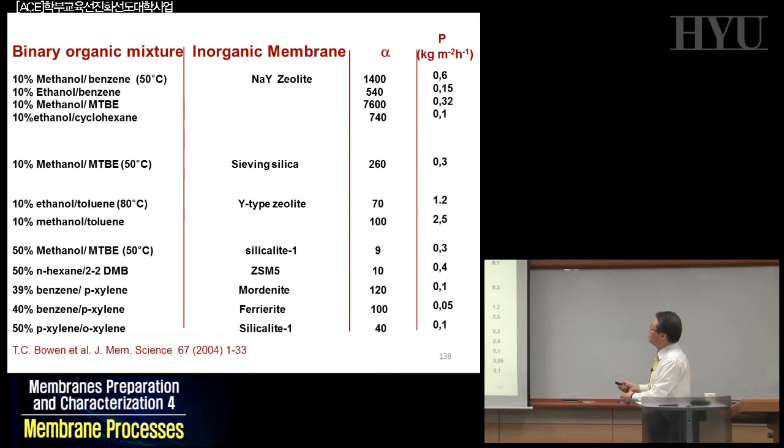Right? The inorganic membrane can be utilized to separate methanol from MTBE. MTBE is methyl tertiary butyl ether, and it can be utilized in gasoline, so that it should be added to increase the octane value, and you can separate the organics by using this inorganic membrane as well.